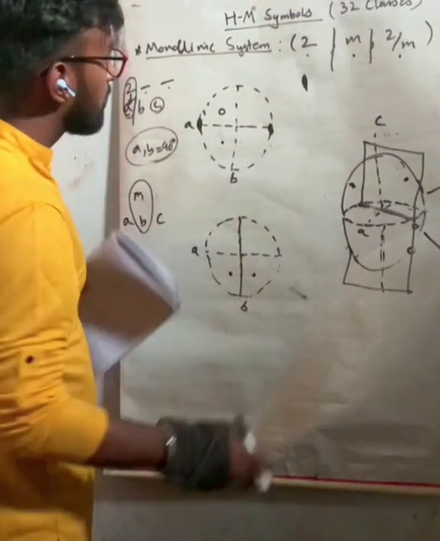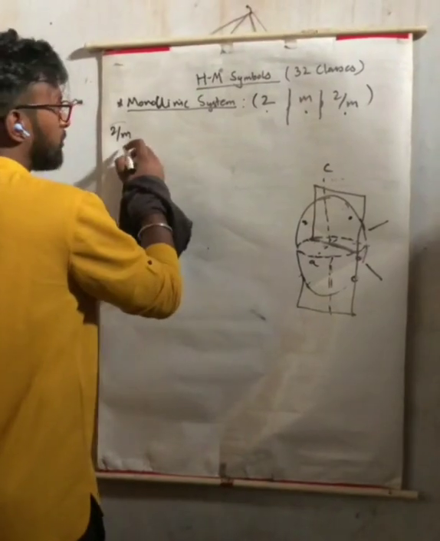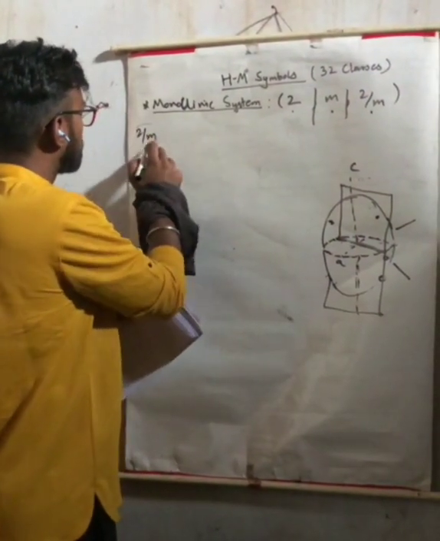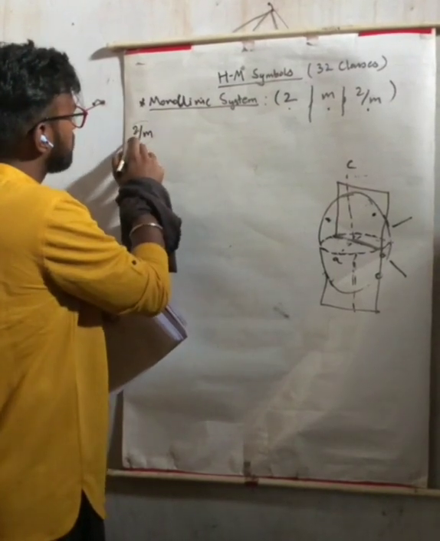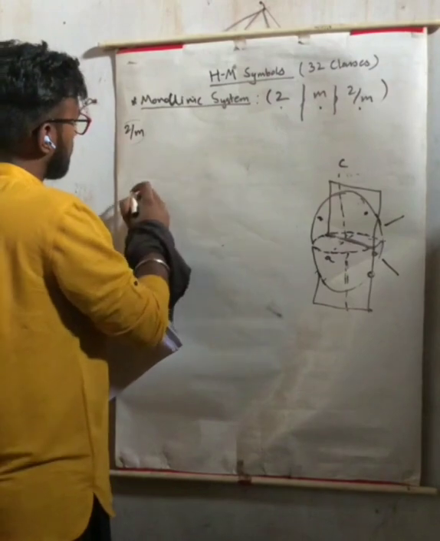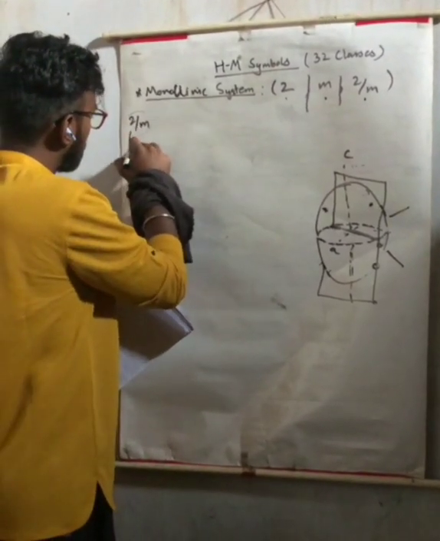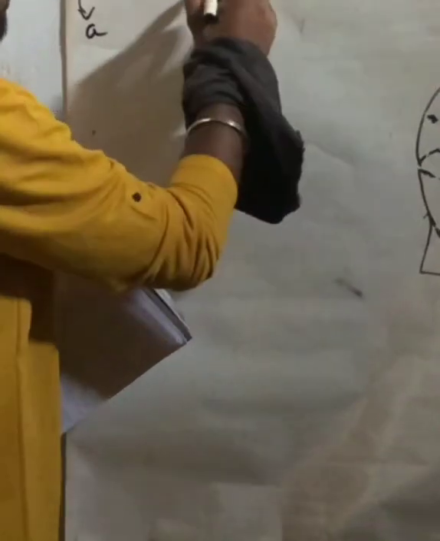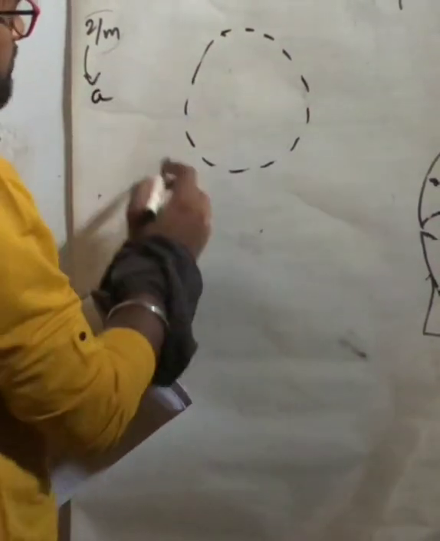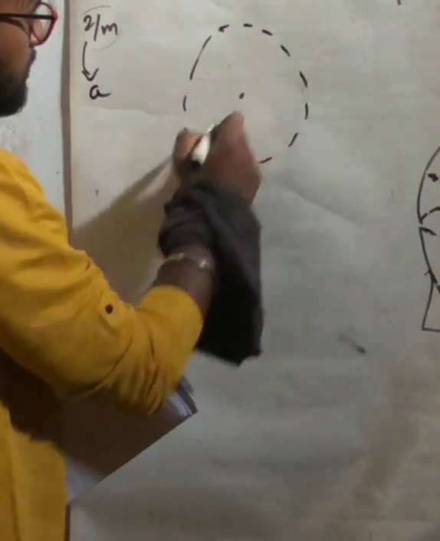And now we will get to 2 by m. So we will move on to 2 by m. 2 by m means an axis of twofold symmetry and a plane perpendicular to it that is a mirror plane. So we will take the twofold axis as A. If we take the twofold axis as A, then the mirror plane that is perpendicular will be on the B axis.